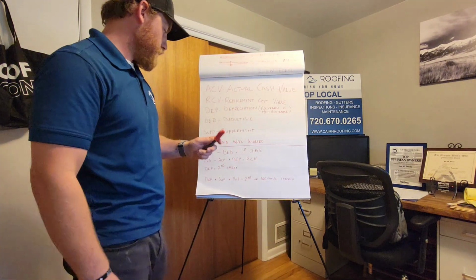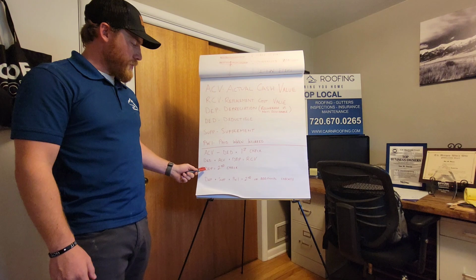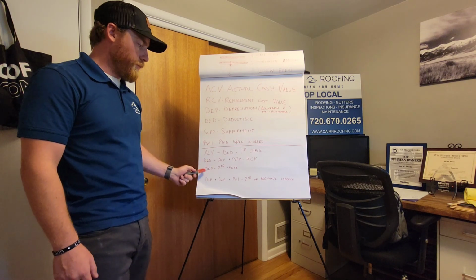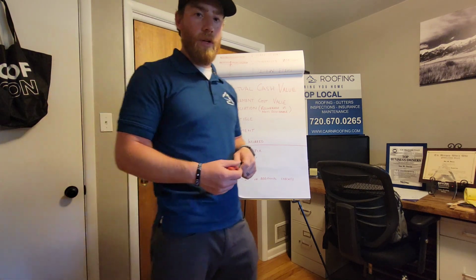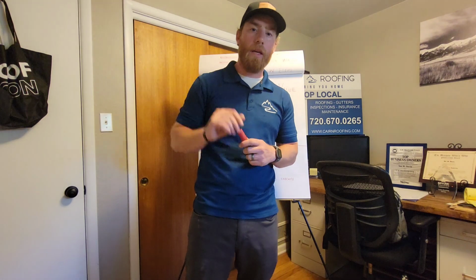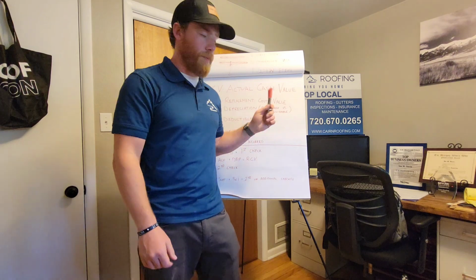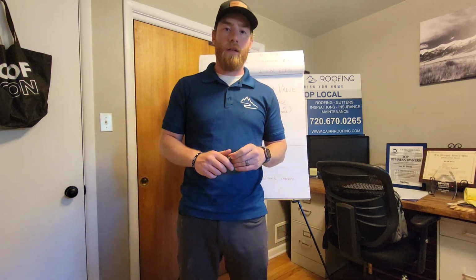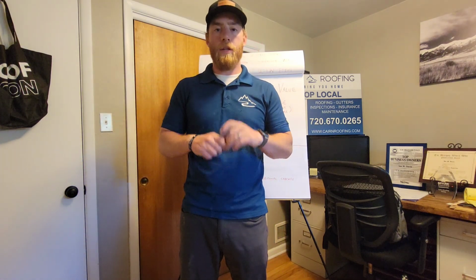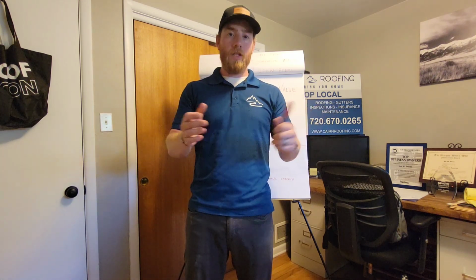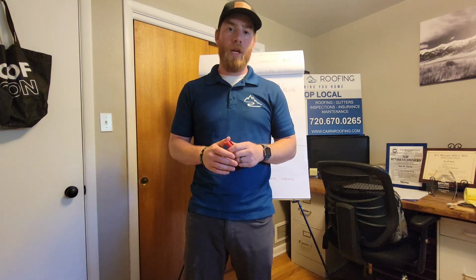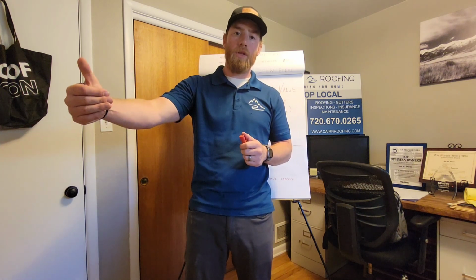Now, oftentimes, depreciation alone will be your second check that you get from the insurance company after the contractor has invoiced the insurance company. That depreciation amount is going to be your second check, and it's going to be the recoverable depreciation. The non-recoverable depreciation you won't see. You can't even argue for it. They've already determined it's not recoverable. Okay, so that second check will be your recoverable depreciation once the contractor has proven to the insurance company that the work is completed.